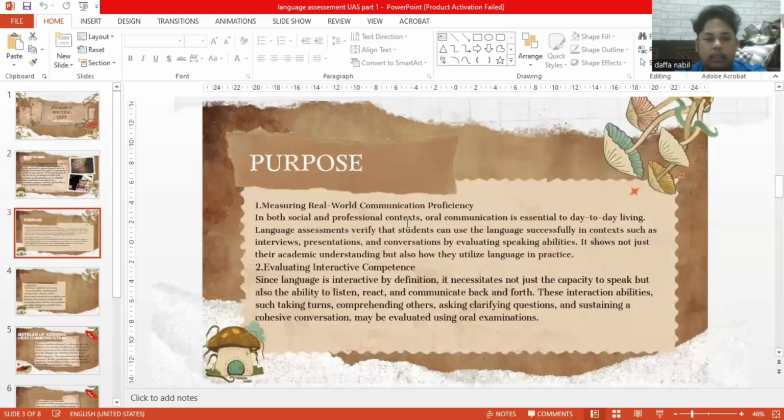Next is the purpose of oral test. The first purpose is measuring real-world communication proficiency in both social and professional contexts. Communication is essential to day-to-day living.